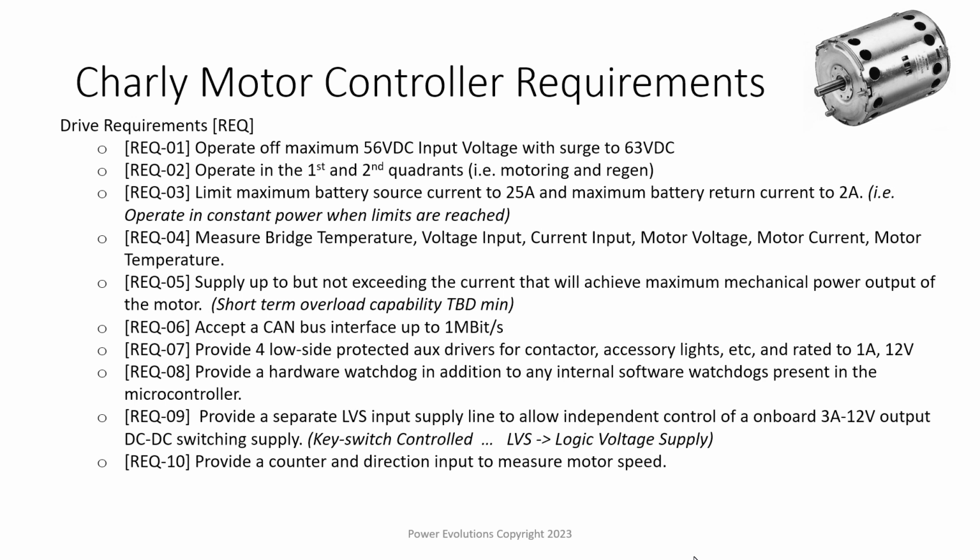So if we have a fault in either the main controller or the motor controller, either one of them can shut down the main contactor and remove the power from the bridge. And that's not a typical thing you see in the cheap e-bikes.